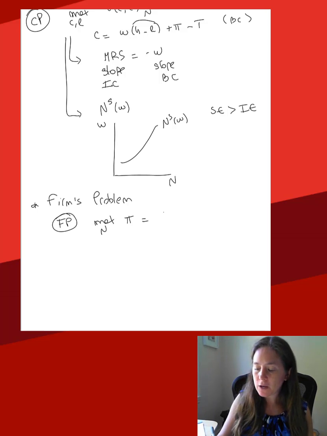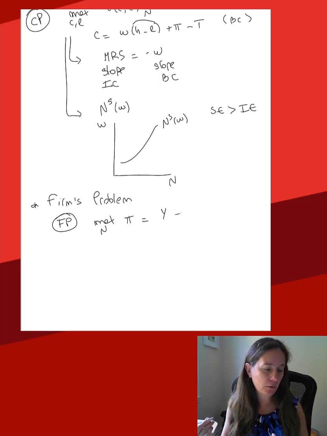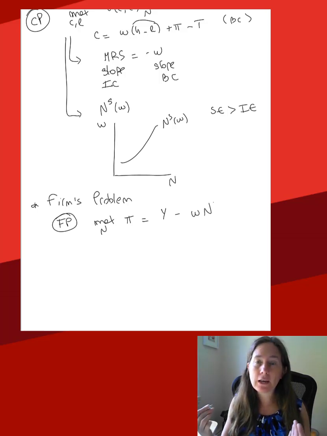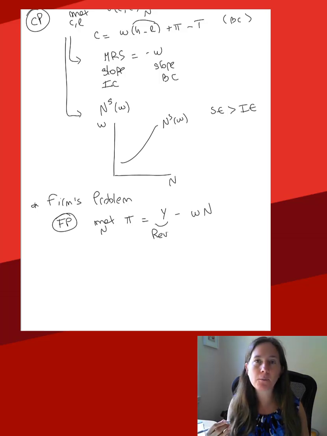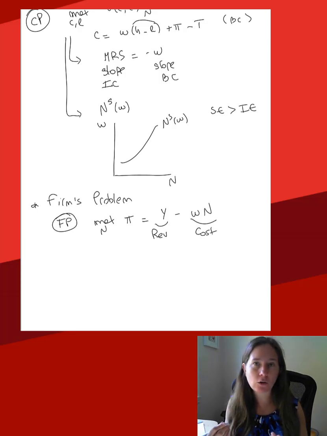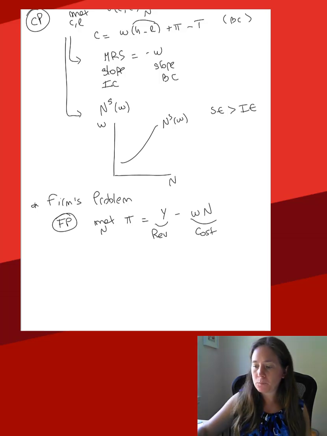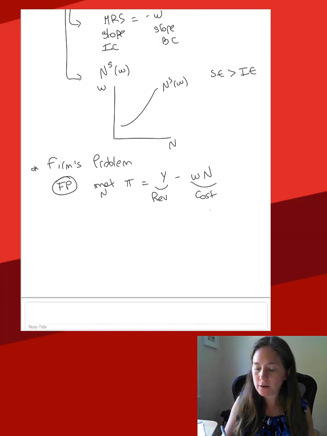Profits are the total amount of production that the firm chooses minus the total amount of labor that it needs to hire. This part here is the revenues that the firm makes by selling the final good to consumers, and this is the variable cost of the firm, which is the total amount paid to workers per hour times the total amount of hours that the firm chooses to hire.